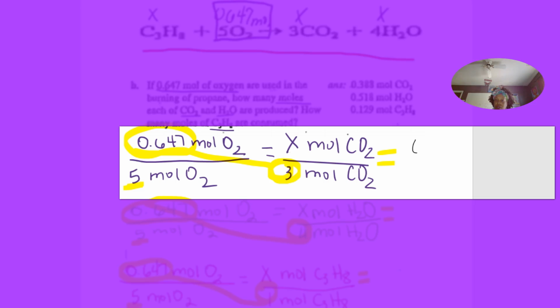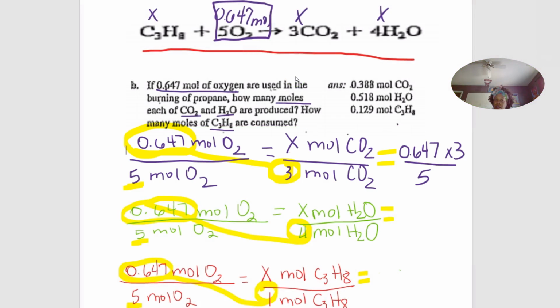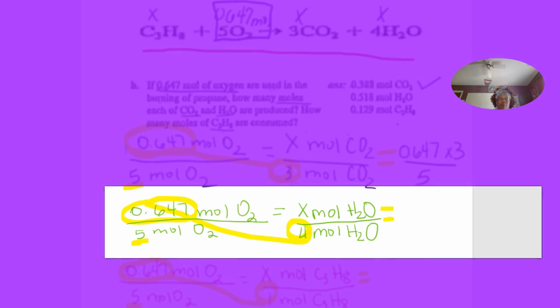0.647 times 3 divided by 5. That's going to give me my first answer, what you see up here, 0.388 moles of carbon dioxide. The next one, let me get the green.